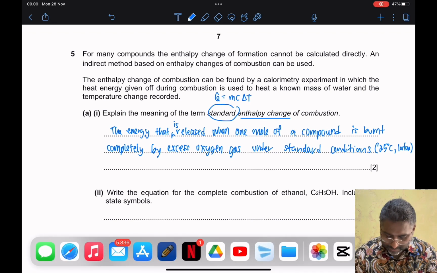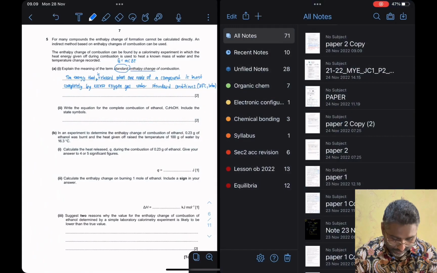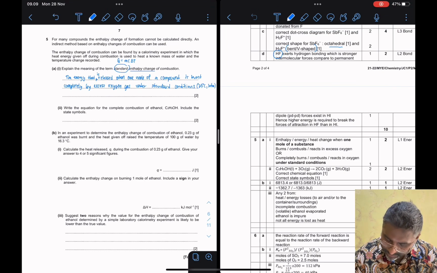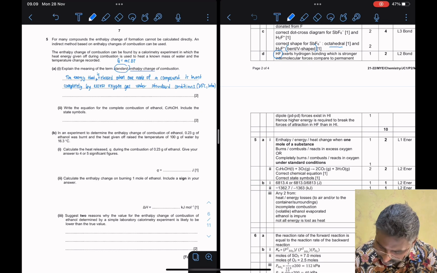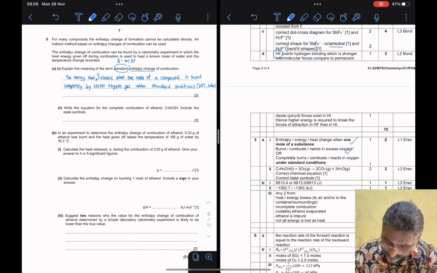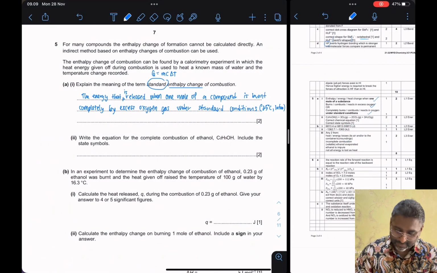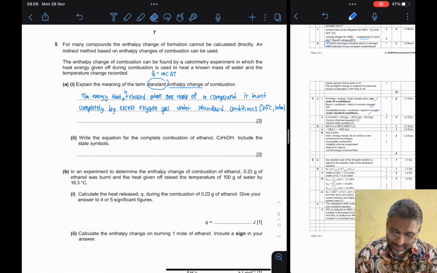Let's have a look at the marking key as well, so that we can double check how much mark will be allocated. Here they say the enthalpy is the energy change when 1 mole of a substance reacts with excess oxygen under standard condition. They didn't say energy that is released, but energy change.